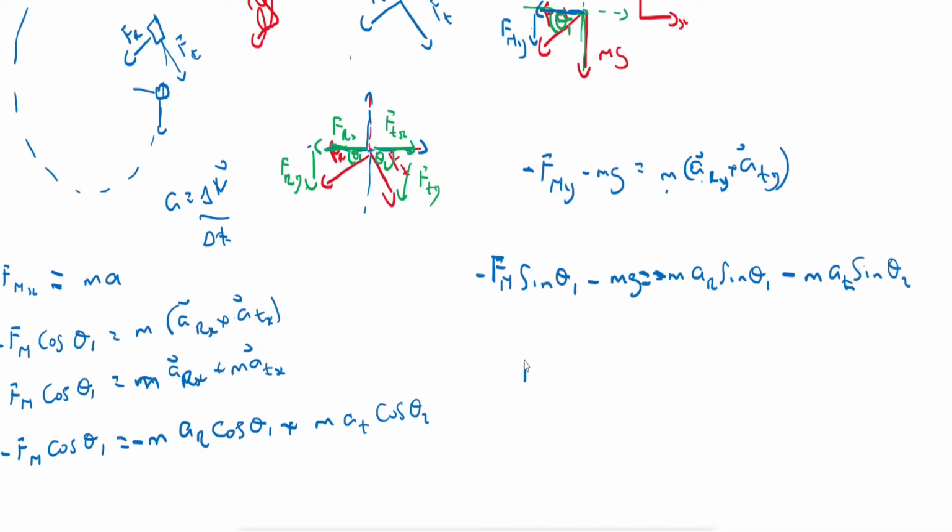So of course this is the same as just F_n sine of theta 1 plus mg, because everything is facing down, so it's cancelling out. a_r sine of theta 1 plus a_t sine of theta 2.